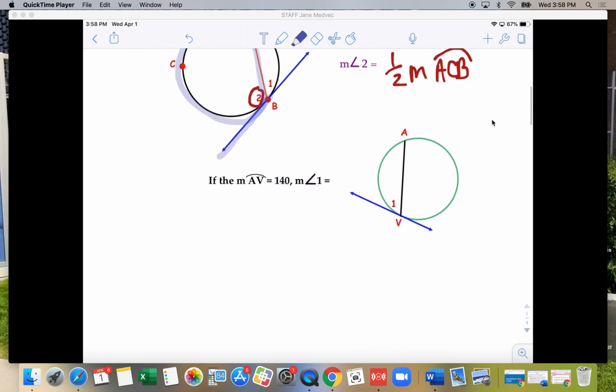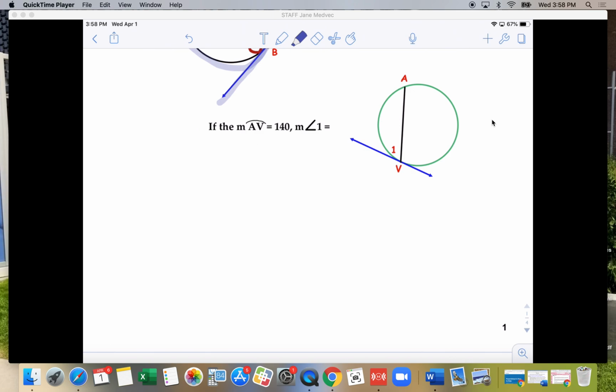All right, let's take a look at this a little bit closer. If the measure of arc AB is 140, find the measure of angle 1. Now you can go, well, which way is AB? If I looked at AB being this way, you're going to notice that it's more than 180 degrees, and that is not what this angle is. So they are looking at this arc right here, and you'll notice the measure of angle 1 is associated with that.